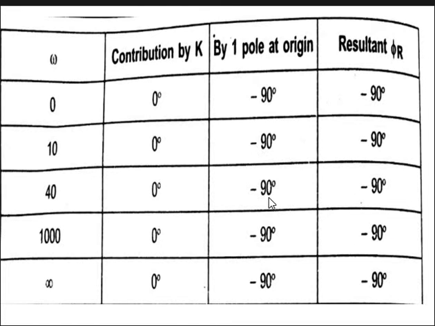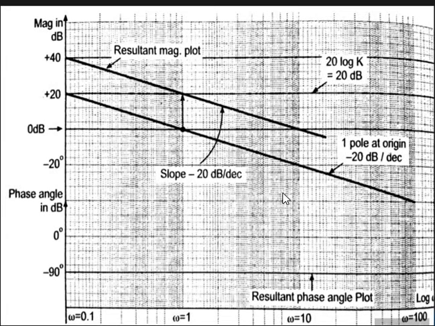So now finally we can draw the Bode plot for 10 by S. Initially I draw the magnitude plot for constant K. We can split this total graph into decades and scales. The x-axis is log omega values, that means frequency values, at omega equal to 0.1, 1, 10, 100, like this.